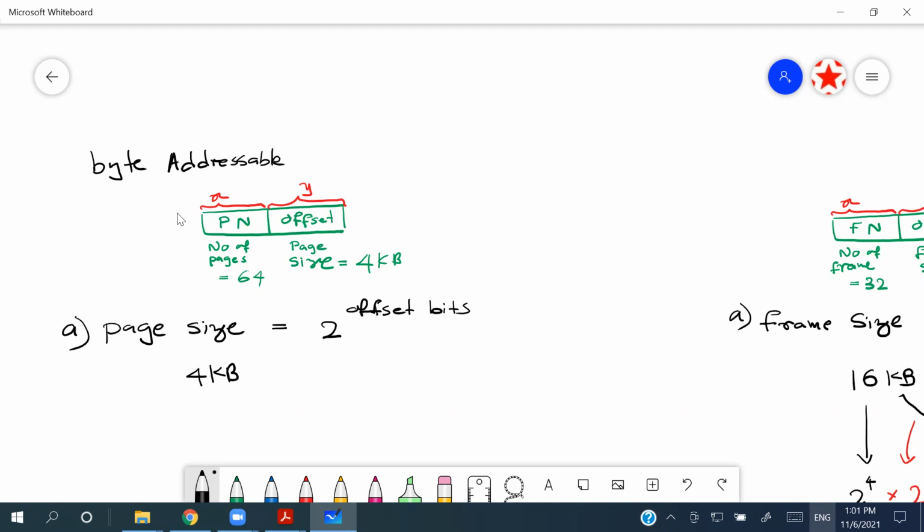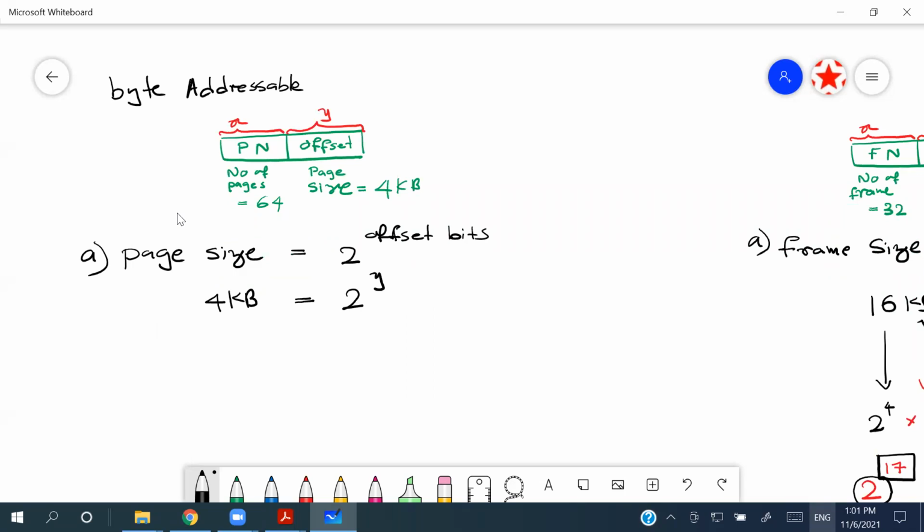So 4 kilobyte equals 2 to the power y according to my diagram. Offset bits, I have taken as y bits in the offset, right? So what are we going to do? 4 kilobytes equals 2 to the power y, and we are going to write 4 kilobytes in bytes, right?